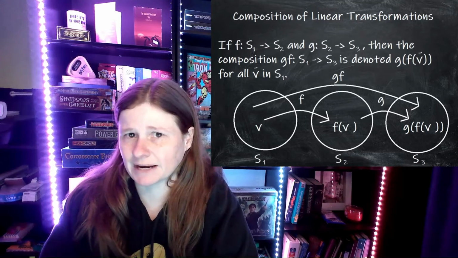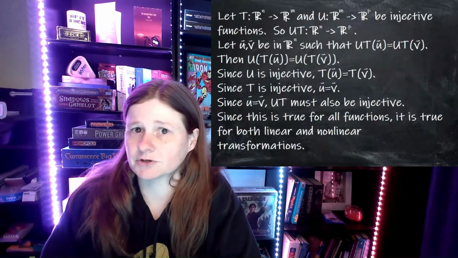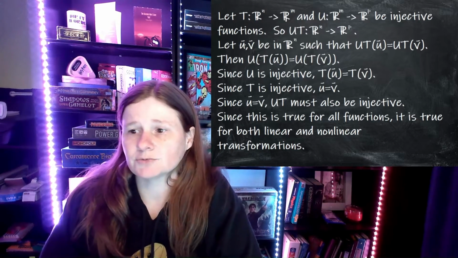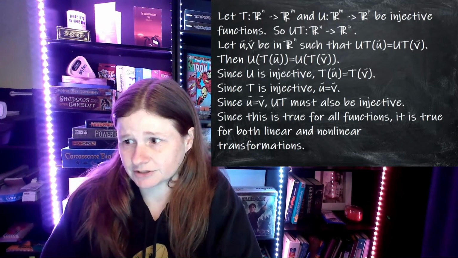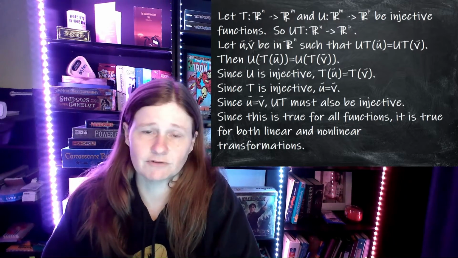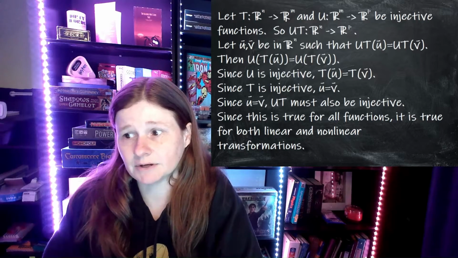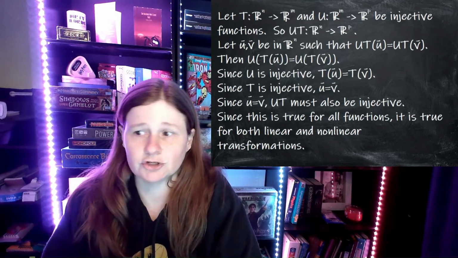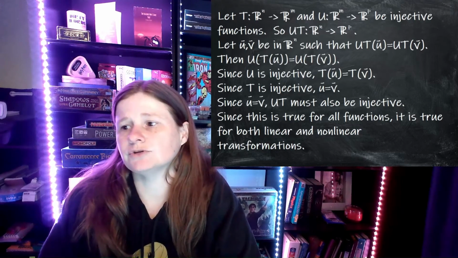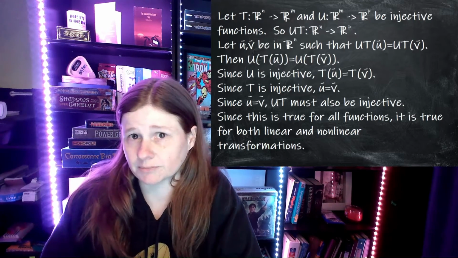So now that we have that background and those definitions, let's take a look at our actual proof of our problem today and see if we can work through it now. And like always, we're going to start with the information and the assumptions that were given in the problem. So we want to start with two linear transformations that are both injective. We're going to say T goes from the domain of Rn to the codomain of Rm, and then our second transformation, U, will go from the domain of Rm to the codomain Rp.